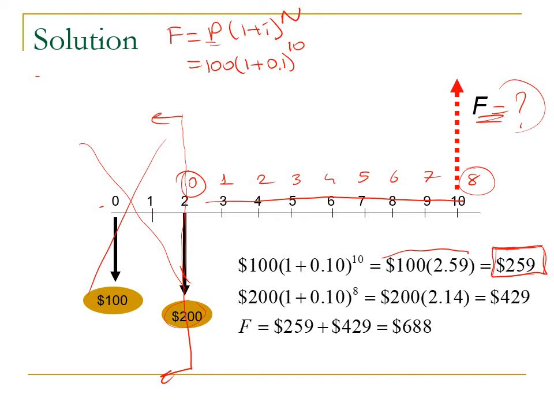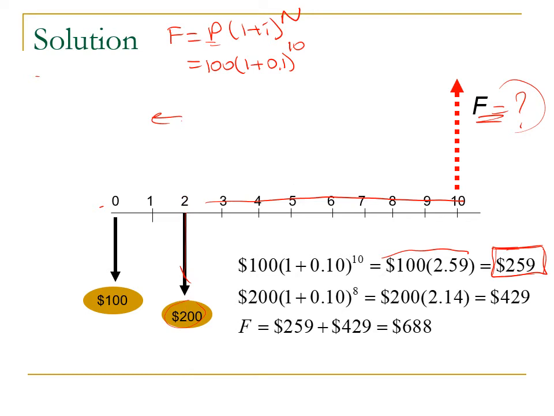But of course, I am writing this in order for you to understand, because later on, after some time, when you get the idea, we will of course not convert these cash flows, but we will simply say that, okay, if this is time 2, this transaction occurs, and we want to find its equivalent at time 10, then how many periods are there here? It's simply 10 minus 2, 8 periods.